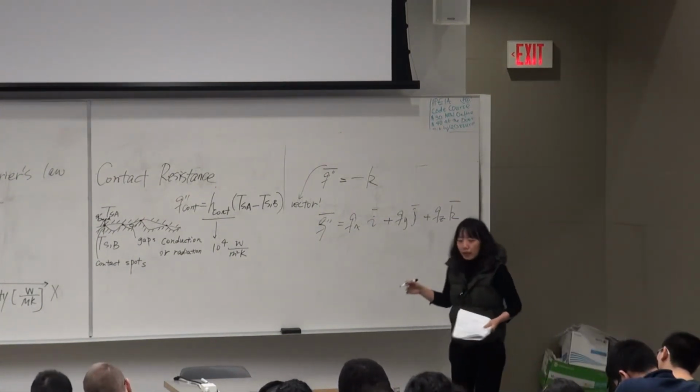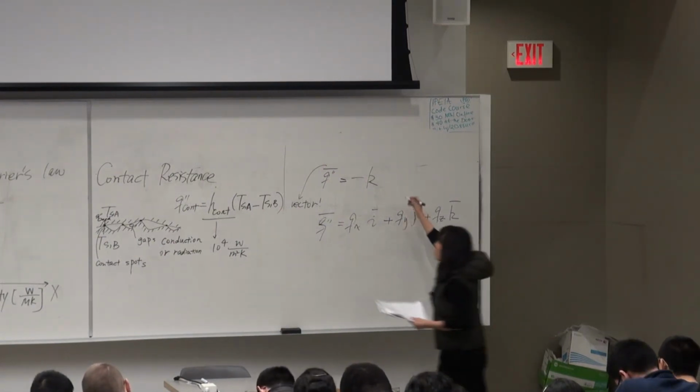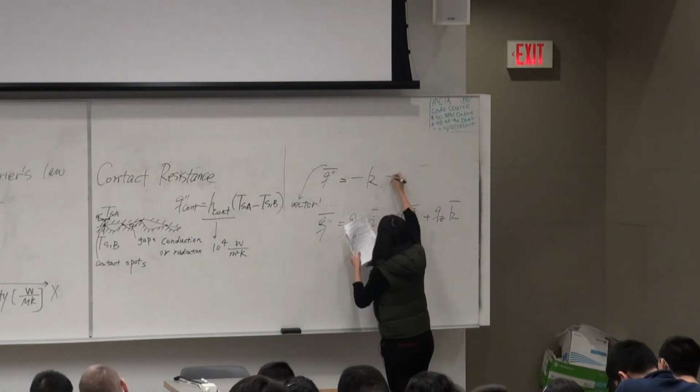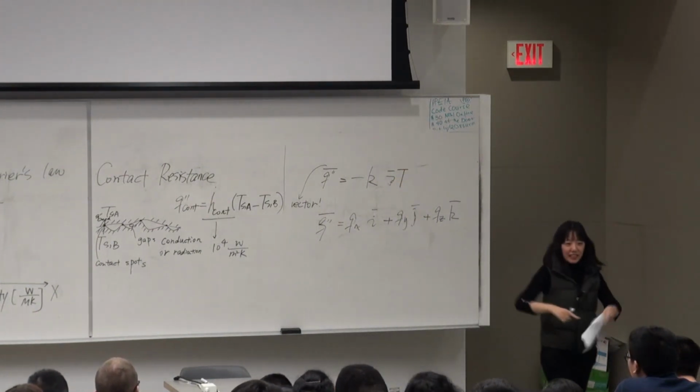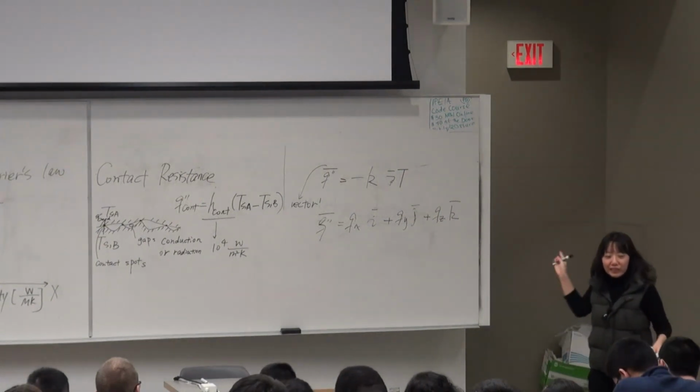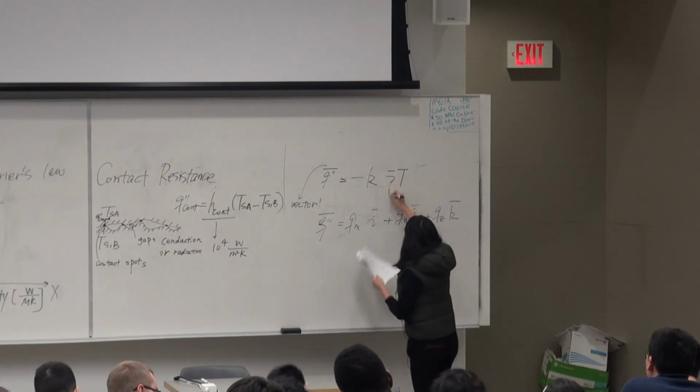But in a mathematical way, we can represent this with a downward triangle. What's the name of that? It's the gradient of the temperature.